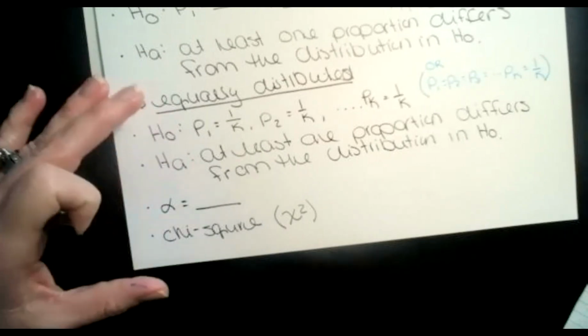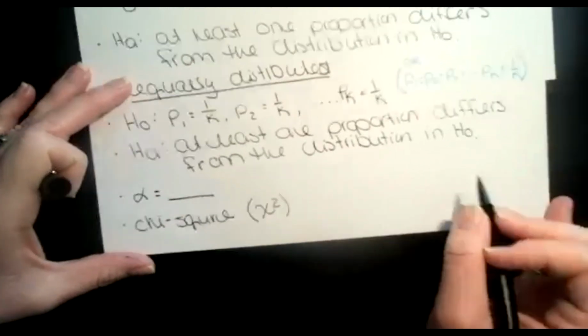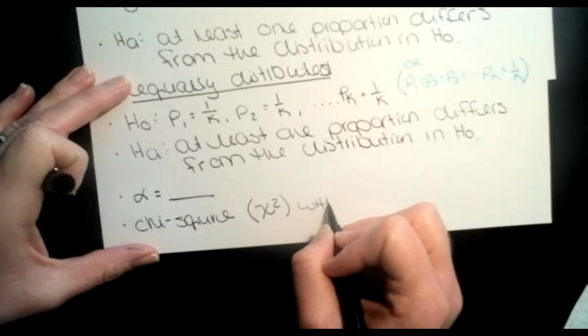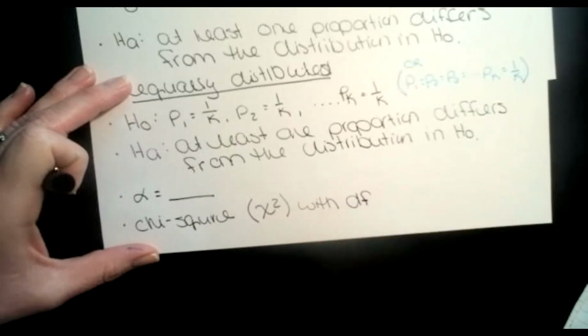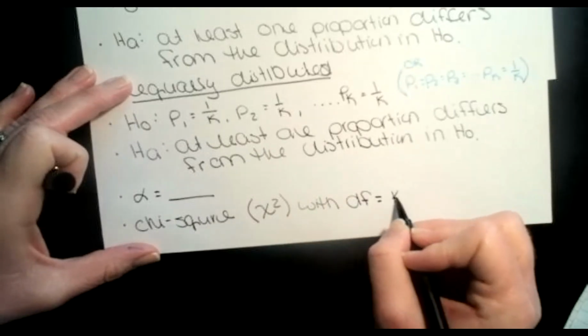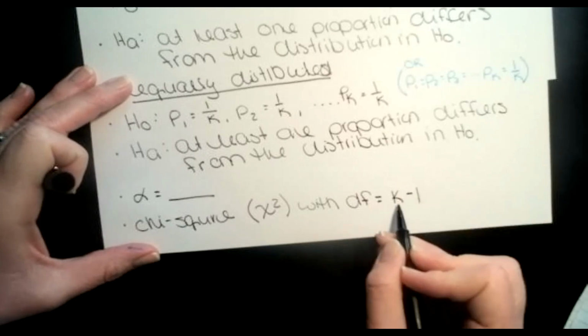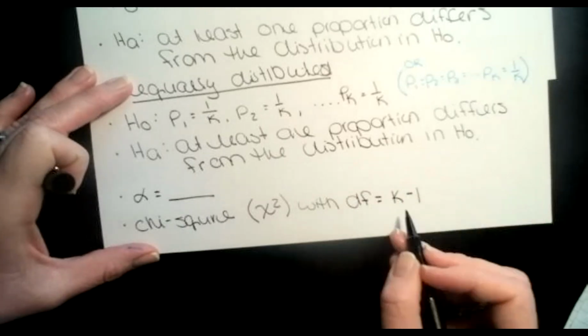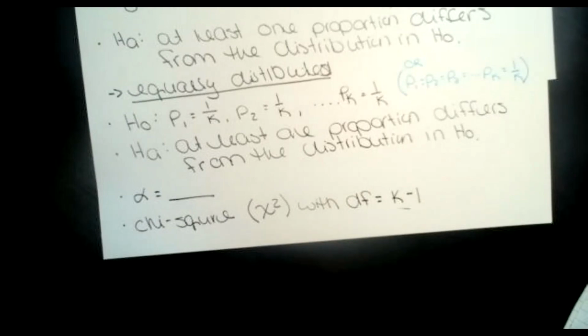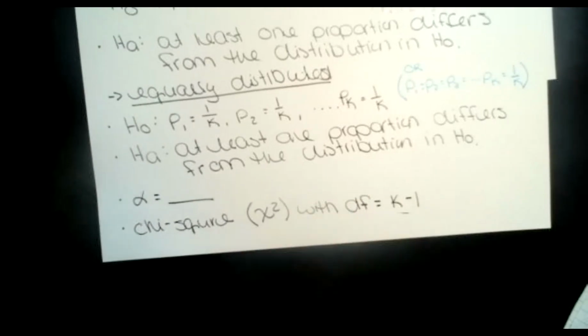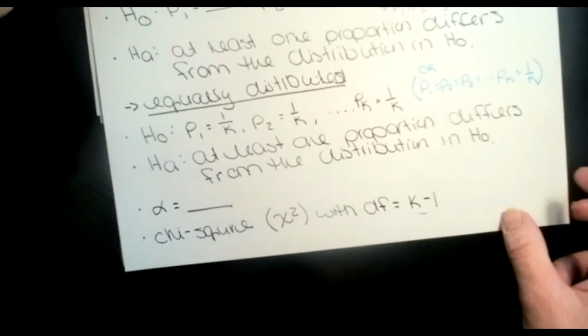And just like when we're on the t distribution for numerical, we want to say with degrees of freedom, and those degrees of freedom equal k minus 1, the number of levels minus 1. So this is a little extra, that k minus 1 there. Okay, so that's my method step.